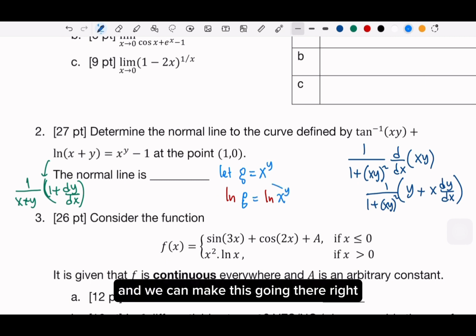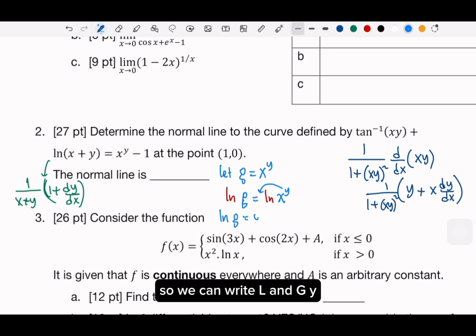And then we can bring the power down, so we can write ln g equals y ln x. And then another product rule like this: y and ln x, two functions. So we can take the first derivative.